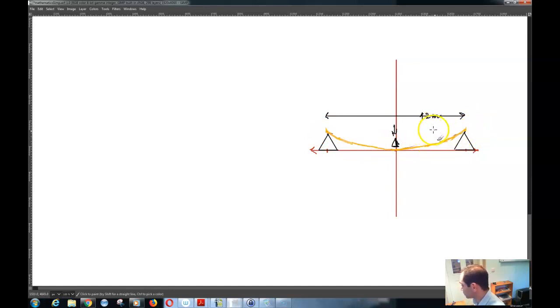Now, if you imagine that this is the y-axis and this is the x-axis, they haven't given me the focus of the parabola.